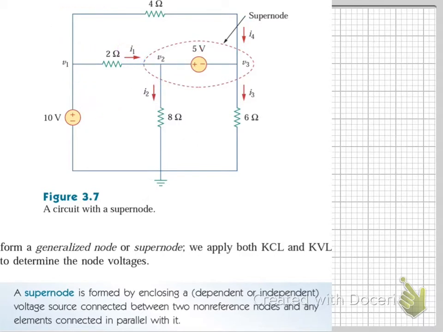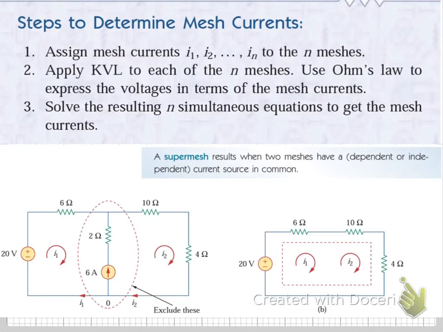So sometimes you get what is called a supernode. A supernode is when you have a voltage source right between two different nodes.